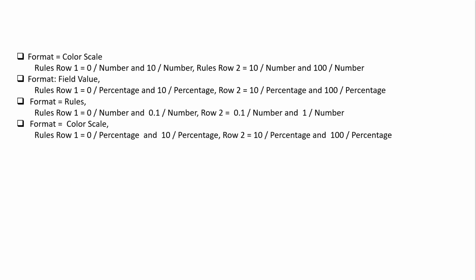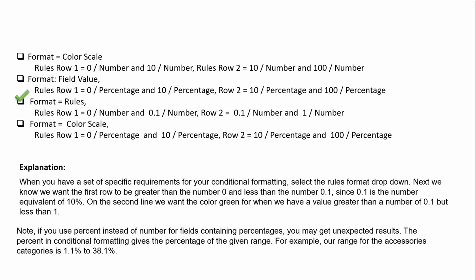If you have selected option number 3, then you are correct. The explanation that they have given is: when you have a set of specific requirements for your conditional formatting, select the Rules format drop down. Next we want the first row to be greater than the number 0 and less than number 0.1, since 0.1 is a number equivalent to 10 percent. On the second line we want the green color, for when we have greater than number 0.1 but less than 1.